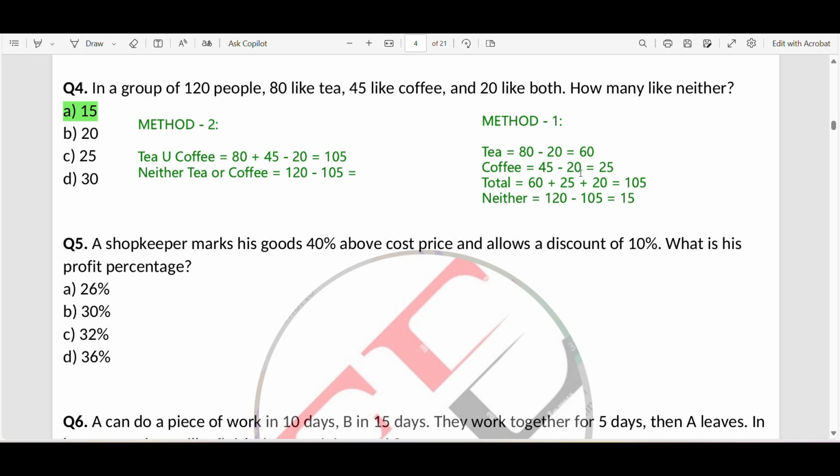So instead of removing separately like this, we are just removing from 120. See, in method 1 we are counting for tea and for coffee, and in the total we are again adding 20. Instead of that, we are just subtracting from 120. So we are getting 105.